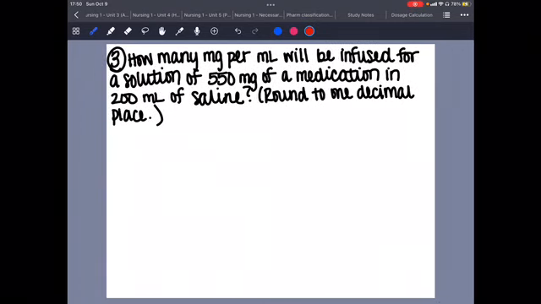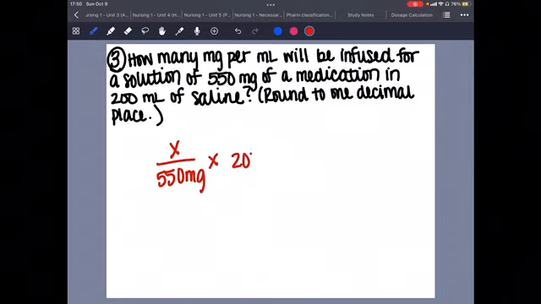All right. And I believe this is the last one. So, how many milligrams per mL would be infused for a solution of 550 milligrams of a medication and 200 mLs of saline? And you're going to round to the one decimal place. So, got X over 550 milligrams times the 200 mL.